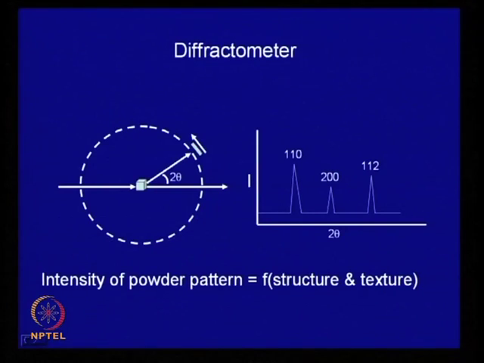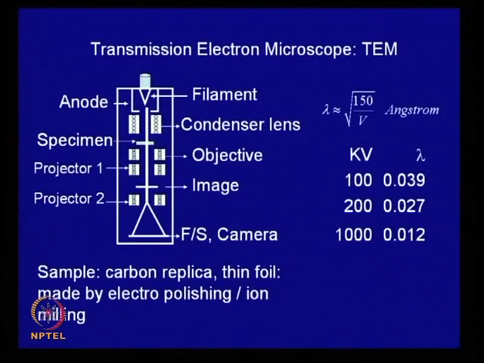After this, let us look at the transmission electron microscope. Now, we looked at the optical microscope, and while discussing it, it was mentioned that the resolving power of the optical microscope is of the order of the wavelength of visible radiation.